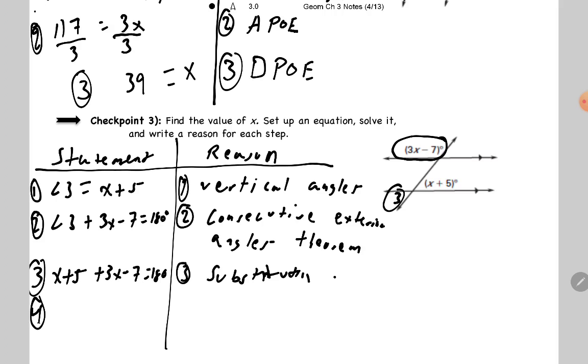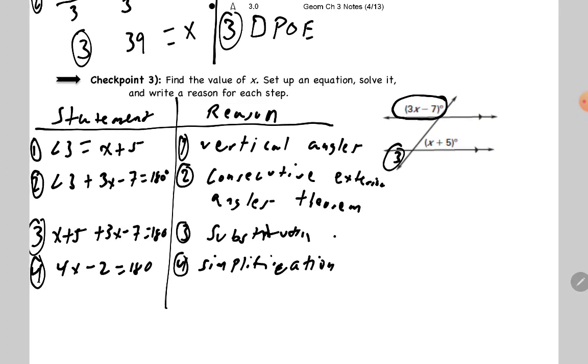And then 4, I'm going to add my like terms together. So I'll have 4x minus 2 equals 180. And we call that simplification, or simplify. Okay, next we're going to add 2 to both sides and get 4x equals 182.